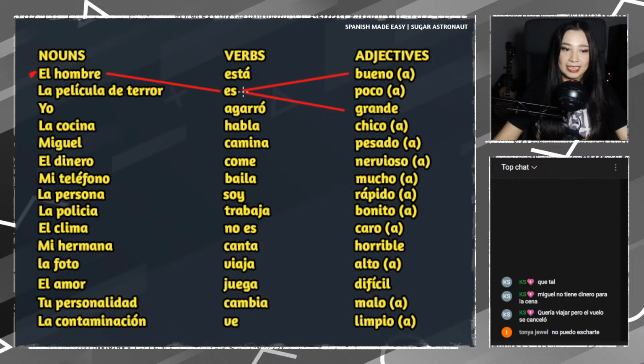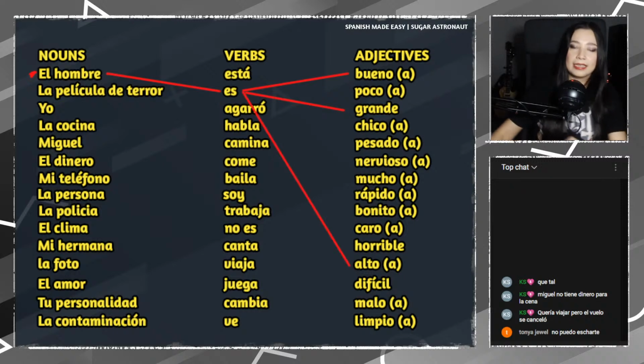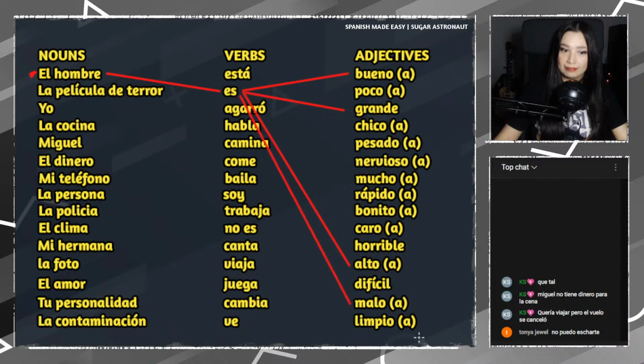So we can have another line here. El hombre es grande, the man is big. Or el hombre es alto, the man is tall. El hombre es malo, the man is bad. Even we can have one here. El hombre es limpio.